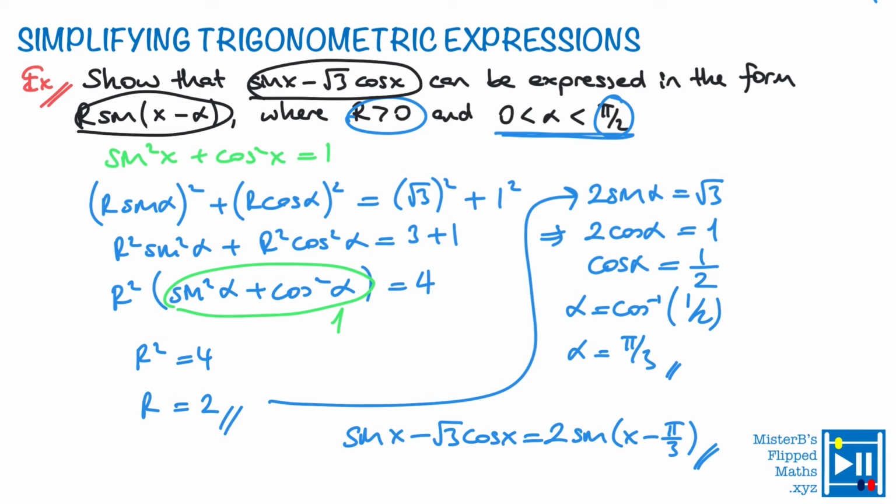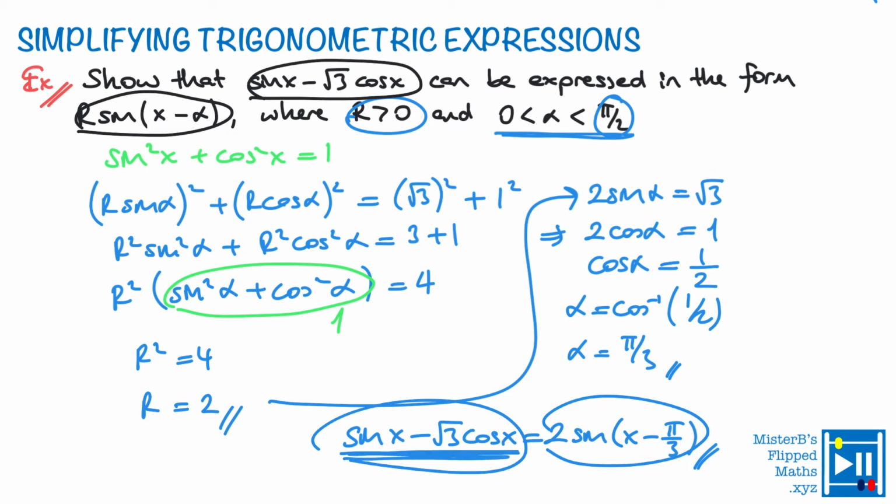They can ask you to solve a certain equation. They could say sine x minus root 3 cosine x equals 5, so solve this equation. Instead of using this expression, you'll be using the reduced expression to solve it because it's easier. Or they can ask you to graph the function, so instead of graphing this, you're going to be graphing the reduced one because it's easier.